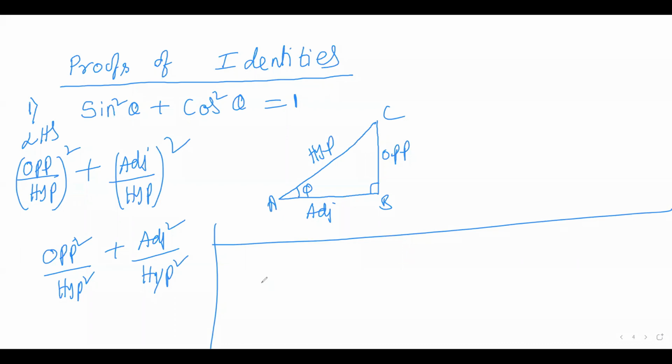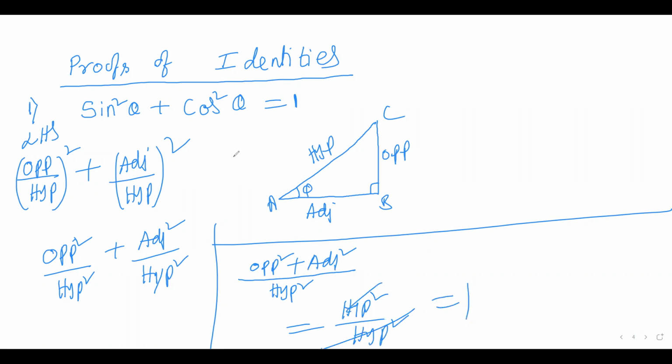What is the LCM? Hypotenuse square. So opposite square plus adjacent square over hypotenuse square. According to Pythagoras theorem, adjacent square plus opposite square is hypotenuse square. So hypotenuse square by hypotenuse square is equal to 1. LHS is equal to RHS.